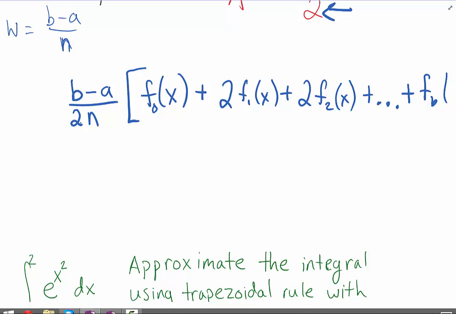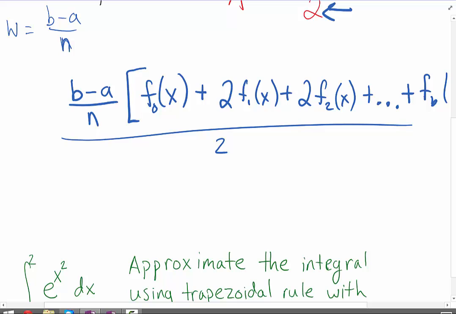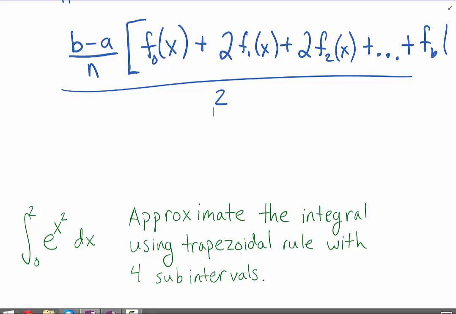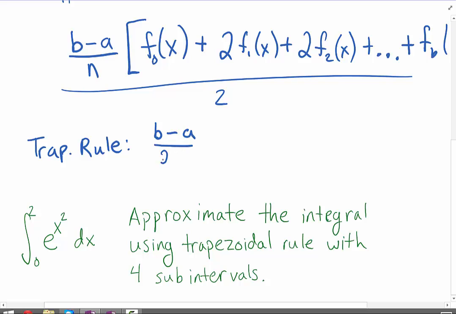Okay. So, or what you can do is you could do (b minus a) over n, divided by 2 for everything. But that's just a little bit weirder. So using y's like we were doing before, the trapezoid rule formula will be (b minus a) over 2n times y0 plus 2y1 plus 2y2 plus dot dot dot.